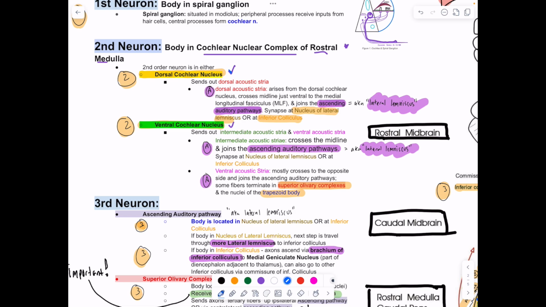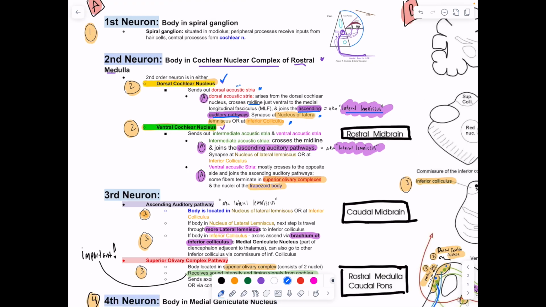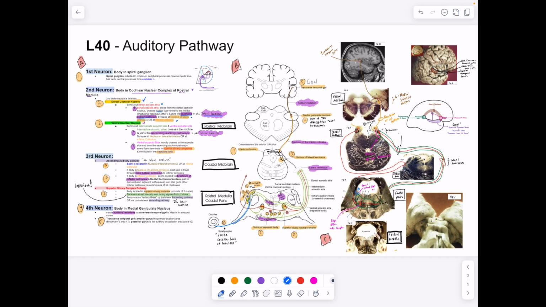If you are in the dorsal cochlear nucleus, you're going to send out your axons, which we'll call dorsal acoustic striae, and it's going to cross the midline, so it's going contralateral, and then it's going to join the ascending auditory pathways, which we'll call the lateral lemniscus. Okay, and so this is going to synapse at the lateral lemniscus nuclei or at the inferior colliculus, which you may remember from our cross-section of the caudal midbrain, the frog.